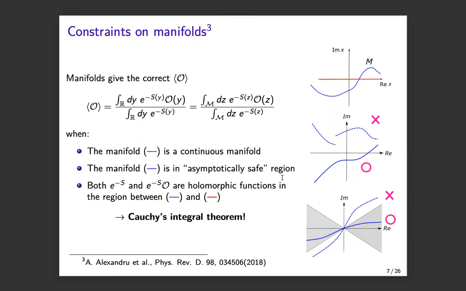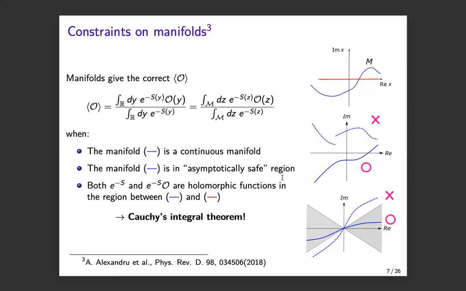And second of all, I want this manifold to be in what's called an asymptotically safe region. So I don't want the end of this manifold to be far away from this real axis. This is the region where this e to the minus S goes to 0.